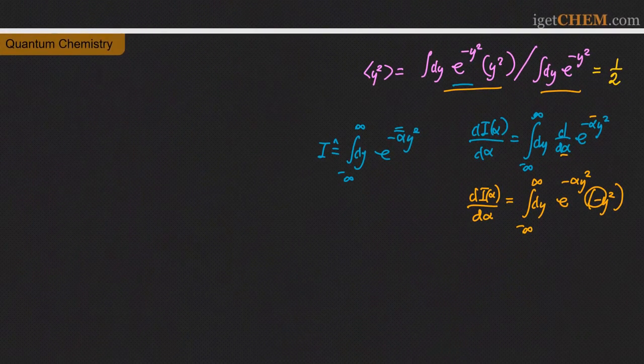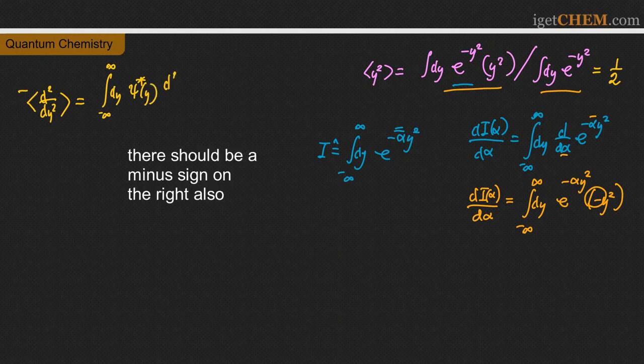So let me do that right here. Again, what we want is d squared dy squared. Let me put a minus sign in front so I know I'm getting this correctly. You use that definition again: you put in dy from minus infinity to infinity, psi star of y, and now d squared dy squared psi of y.